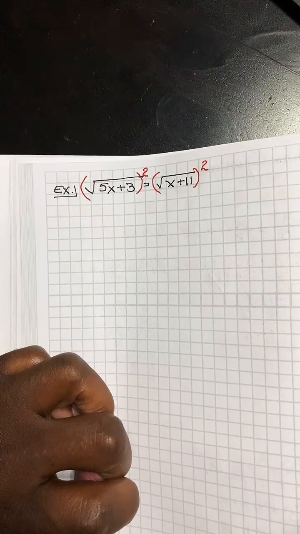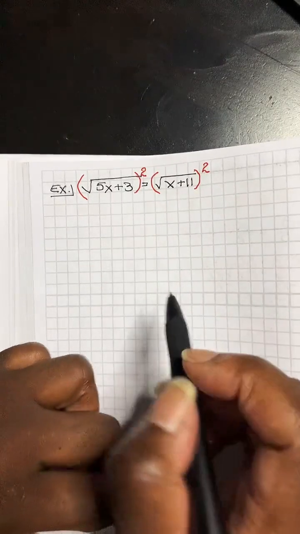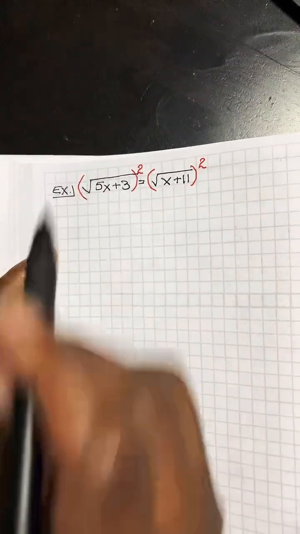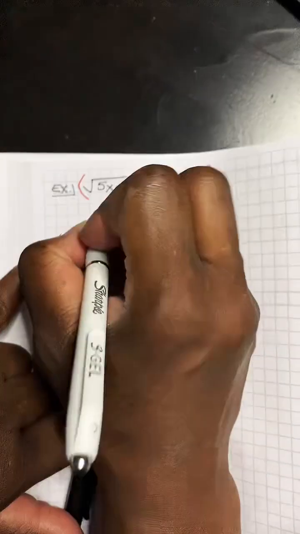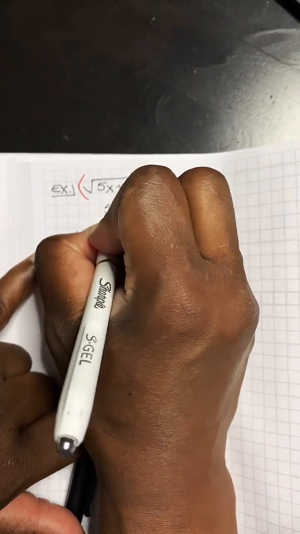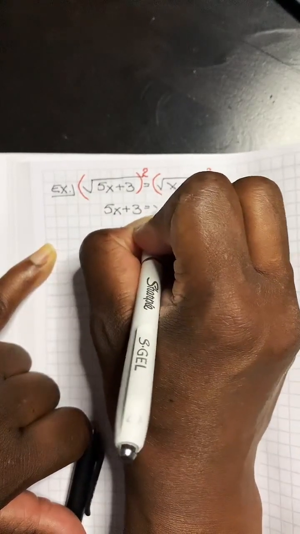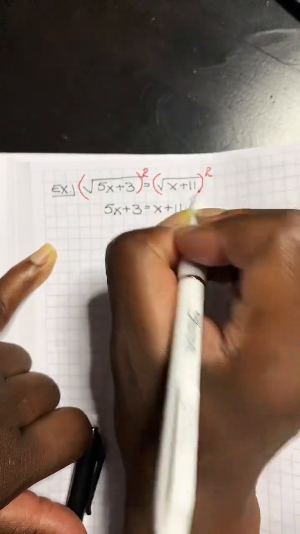Okay. Now, once we square out and get rid of the square root and the square, what's left over is our 5x plus 3 equals our x plus 11.